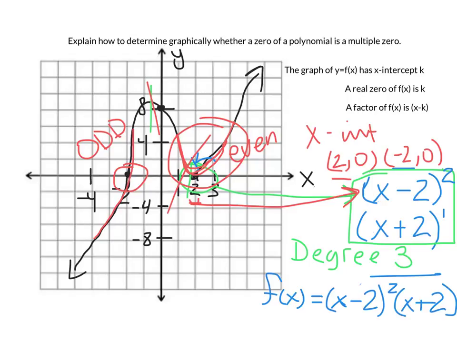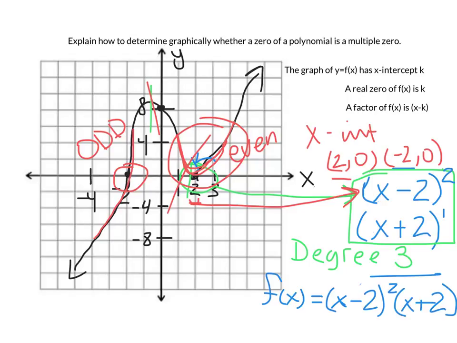Now the circumstance in which this becomes important is when we need to factor our polynomials. It's a very thorough way to do it. It's convenient, and we can thank the fact that the factor theorem states that a polynomial f of x has a factor of x minus k only if f of k equals 0.